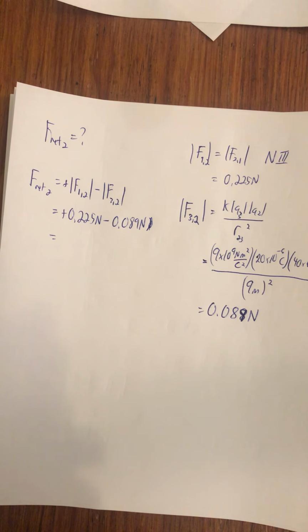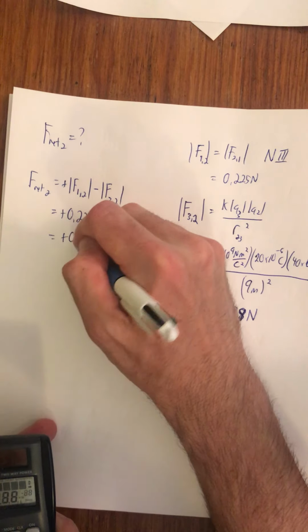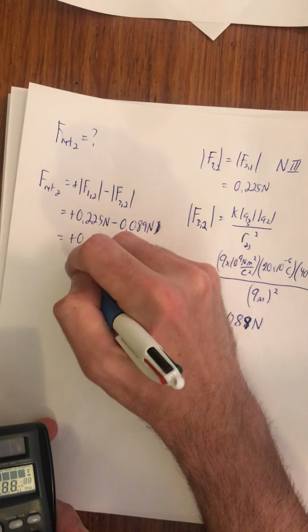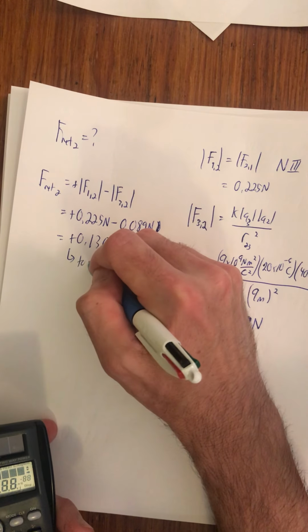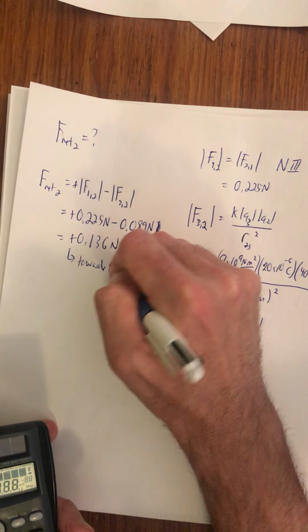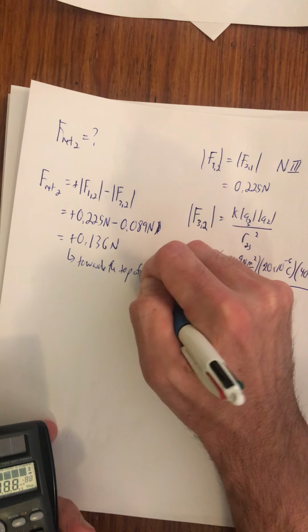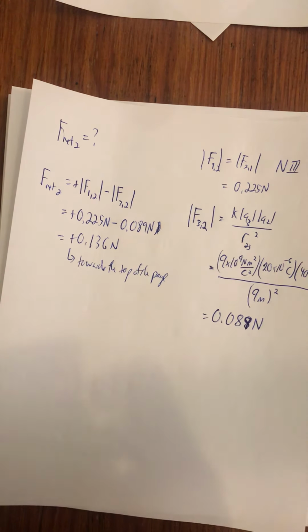And if I put that into my calculator, I get positive 0.136, and that positive just means towards the top of the page. Okay, great. Now, let's kick it up a notch, shall we?